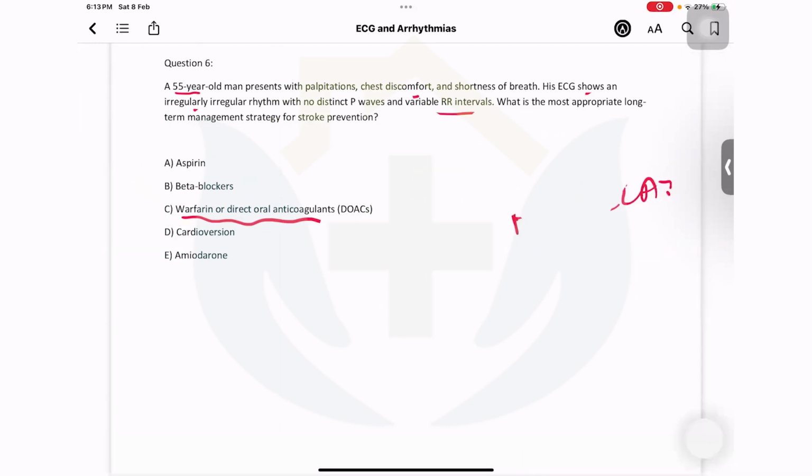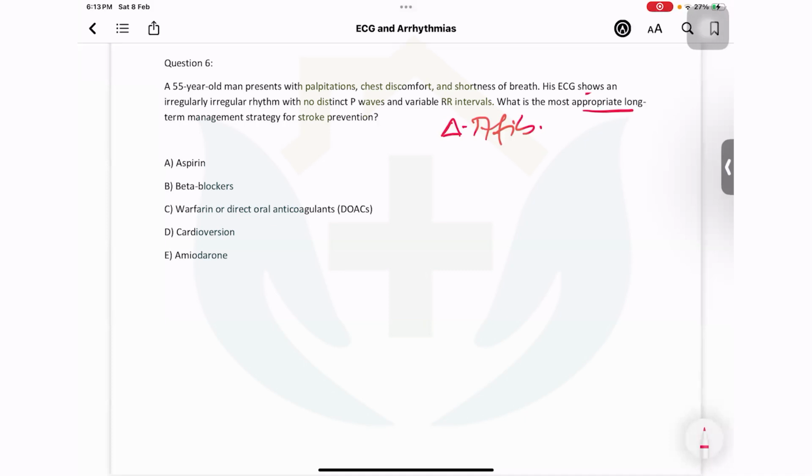Okay. So we have this question now. A 55-year-old man comes with palpitations, discomfort in the chest and shortness of breath. ECG shows irregular rhythm with no P waves, variable RR interval. What is the diagnosis? AF. So the diagnosis is atrial fibrillation.